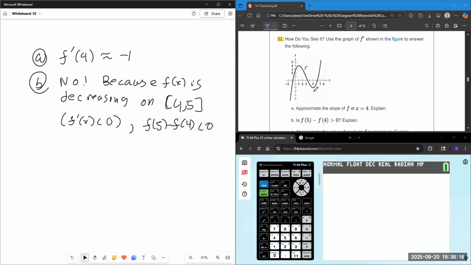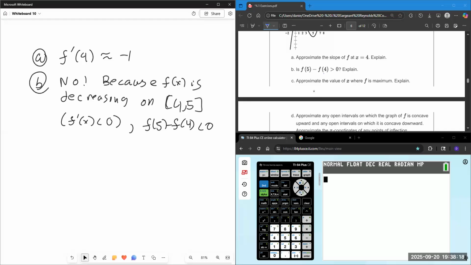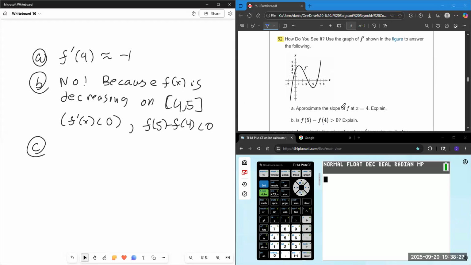Let's see. Approximate any values for where f has a maximum and explain, right? So if the slope was positive and then becomes negative, the point where it was 0 is a local maximum. So I'm looking at this point right here, and that looks like 3.5.